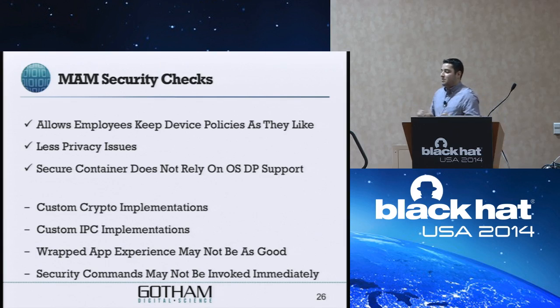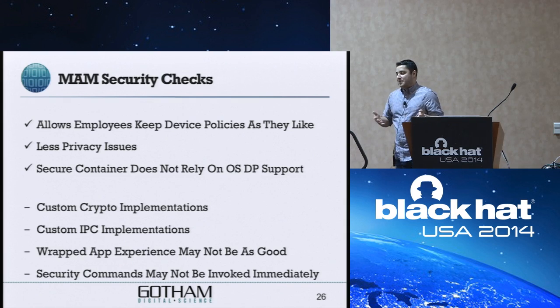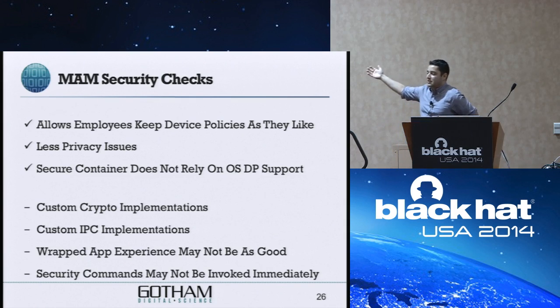However, it's like a double-edged sword, right? Now you're dealing with custom crypto implementations, which everyone knows no one does right. Custom IPC implementations, because there's a lot of IPC occurring between that MAM agent and the wrapped applications. And there's also the application experience. You're used to using your native apps. Now you have to use these wrapped apps that might not be as good.